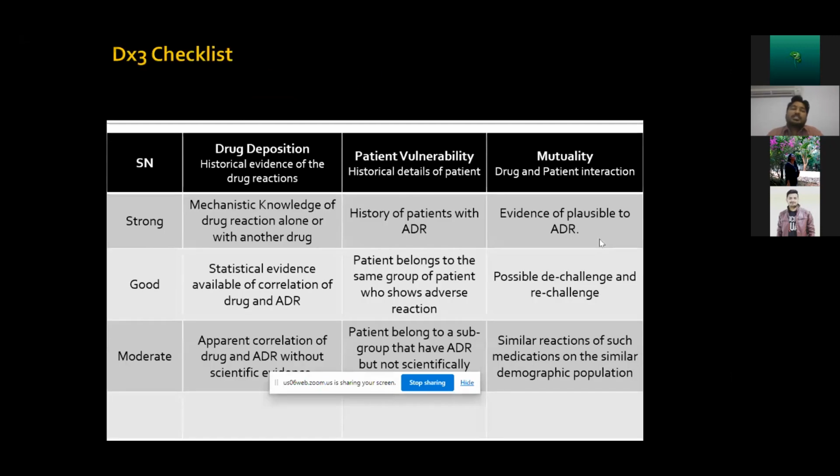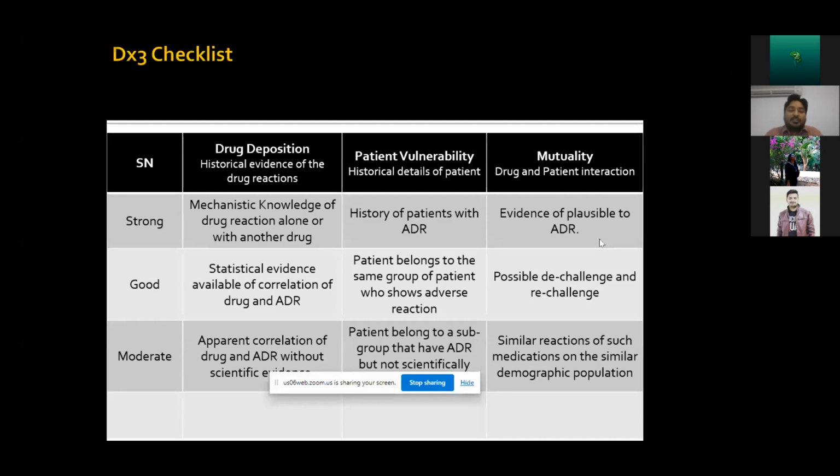Drug disposition is nothing but historical evidence of the drug reaction, whatever evidence on a historical basis you can find out about the drug. Patient vulnerability is nothing but the historical details of the patient, how the patient has behaved historically. Mutuality is nothing but drug and patient interaction.